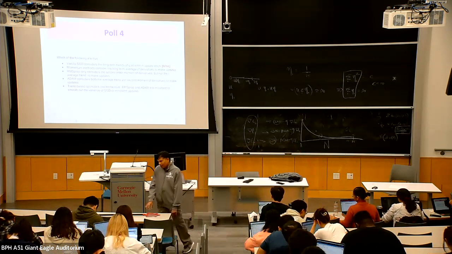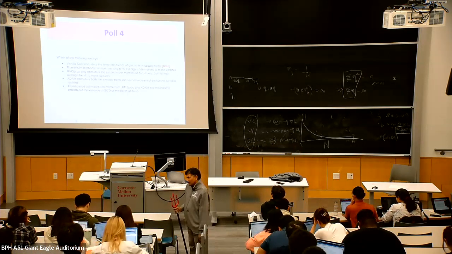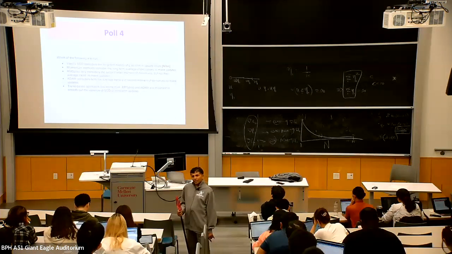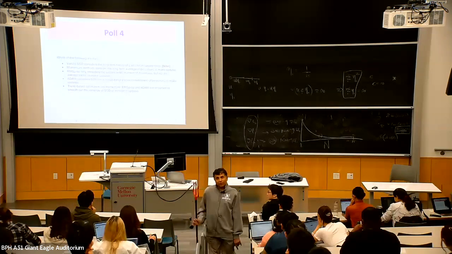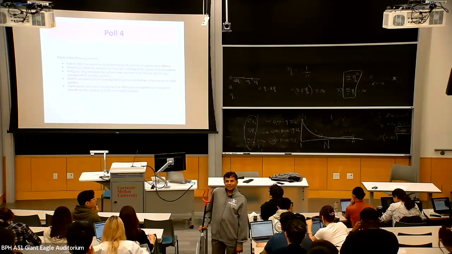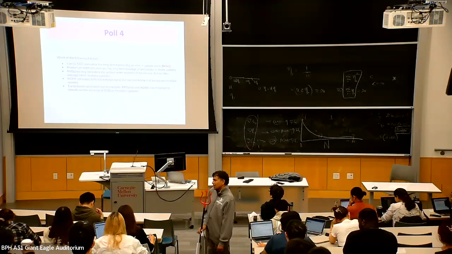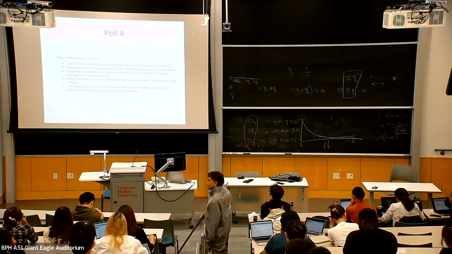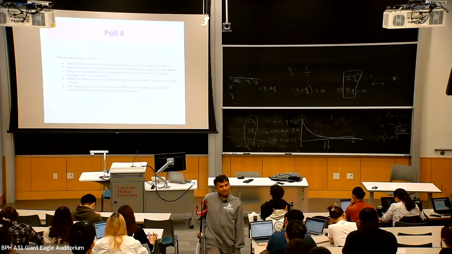Okay, all right. Can I go around here? So you at the very back, can you answer the first one? True or false? False. And Josh, what about the second one? True. And Akriti, third one.